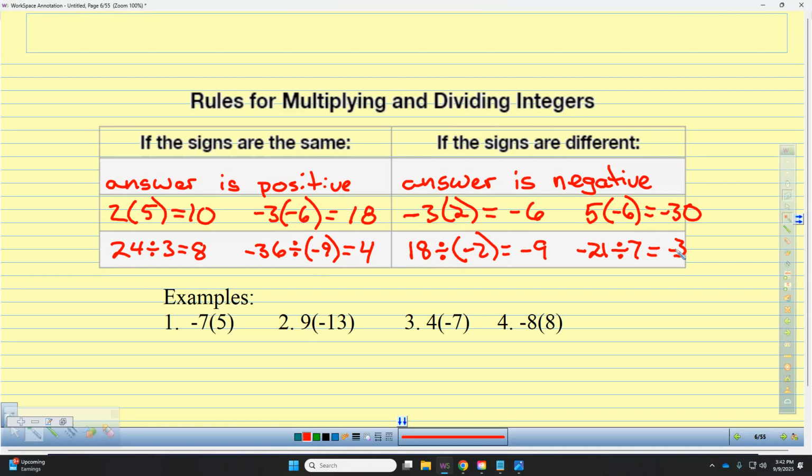So if the signs are different, the answer is negative. If the signs are the same, the answer is positive. Based on those rules, I'd like you to try these 4 problems. Pause the video, try the 4 problems, and then come back.